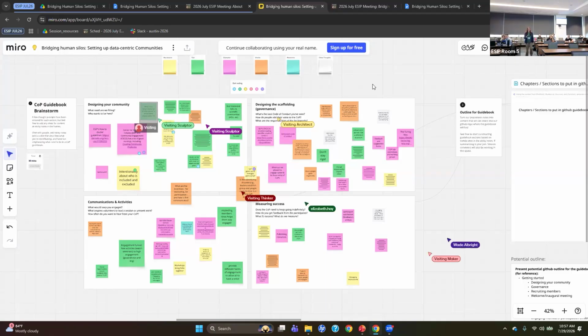This group over here picked a very specific community of practice to talk about and sort that out. Some of the things I was trying to pull out of that discussion while listening was: if you have a community of practice that is so large and top-down designed, how do you make sure that all of the people meant to be part of it feel like they can communicate and be part of it?